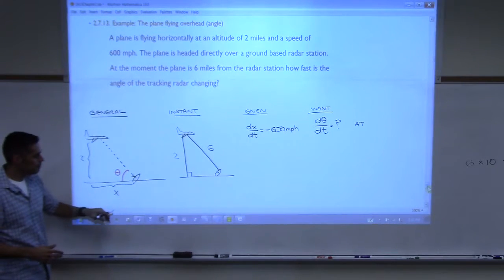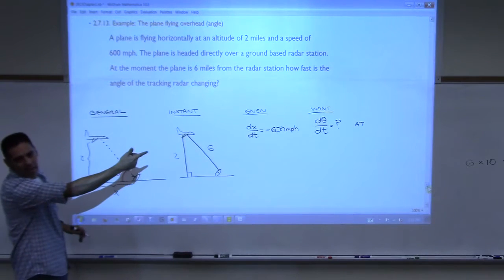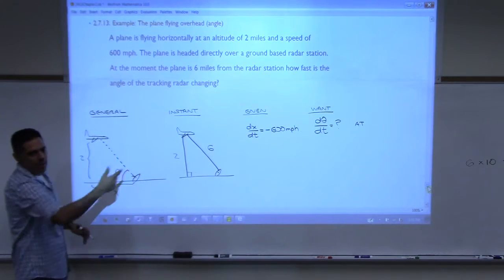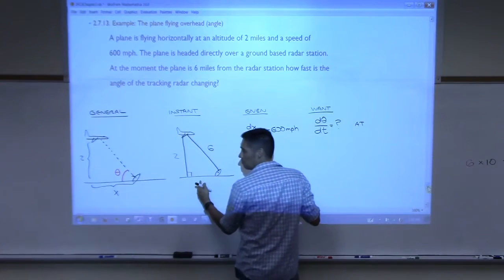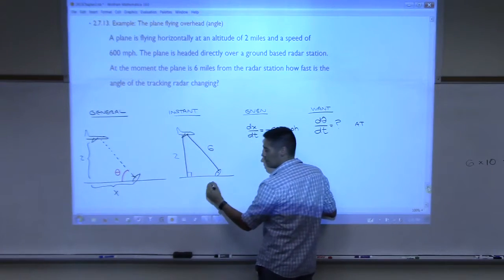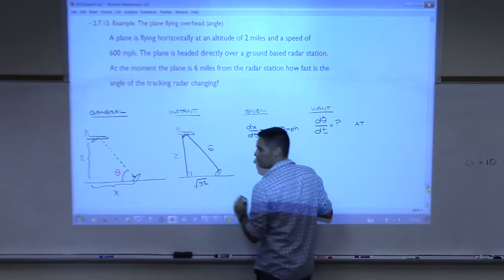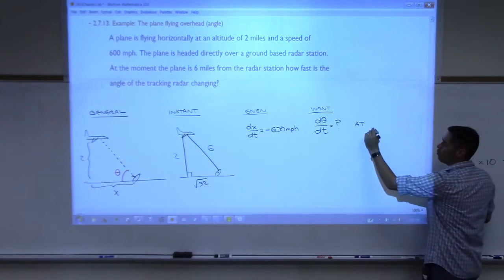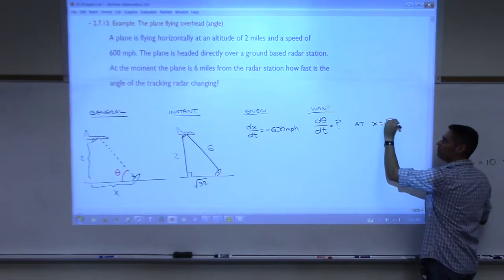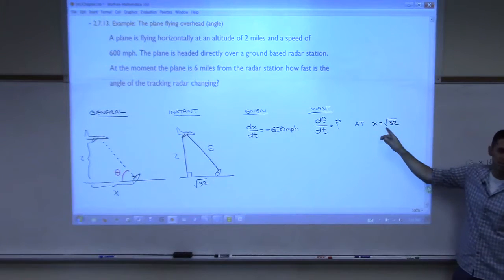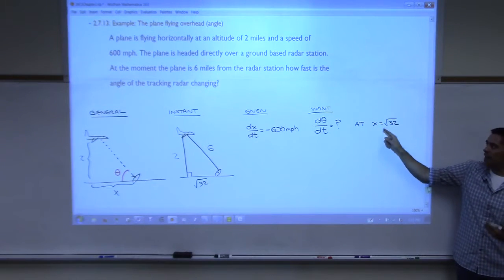I could put h in here and then say h is 6, but now I'd have more variables. I could just solve for this side right now, which we've done already. This was root 32, wasn't it? So at x is root 32. Saying h is 6 is saying the same thing as x is root 32.